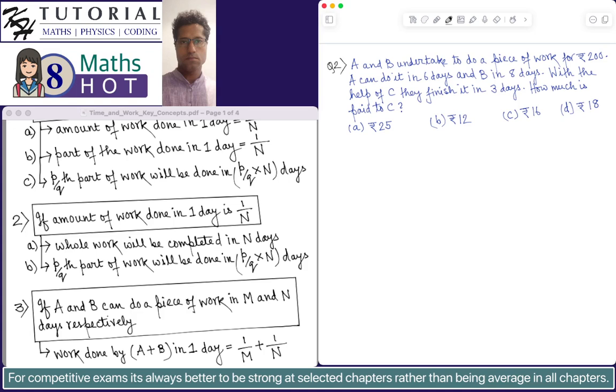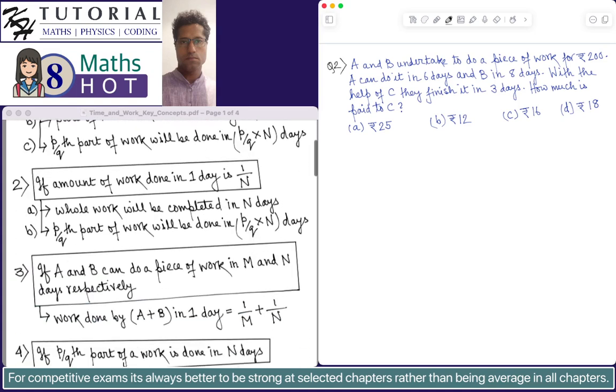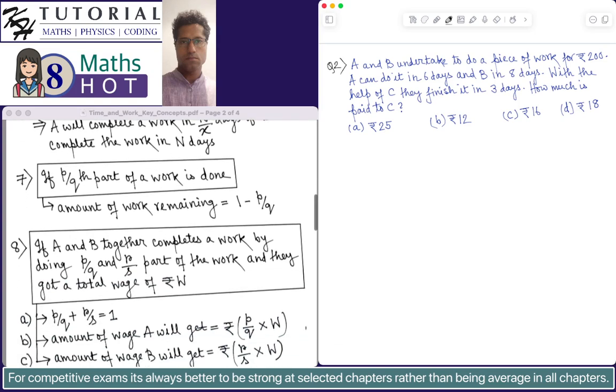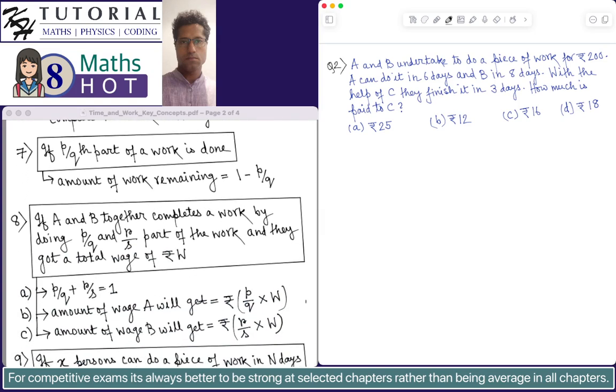Then there is a concept that if A and B together complete a work, where A has done P by Q part of the work and B has done R by S part of the work, and they have totally received a payment of rupees W, then the work done by A plus the work done by B must be equal to 1, because only then have they completed the work, and the complete work is 1.